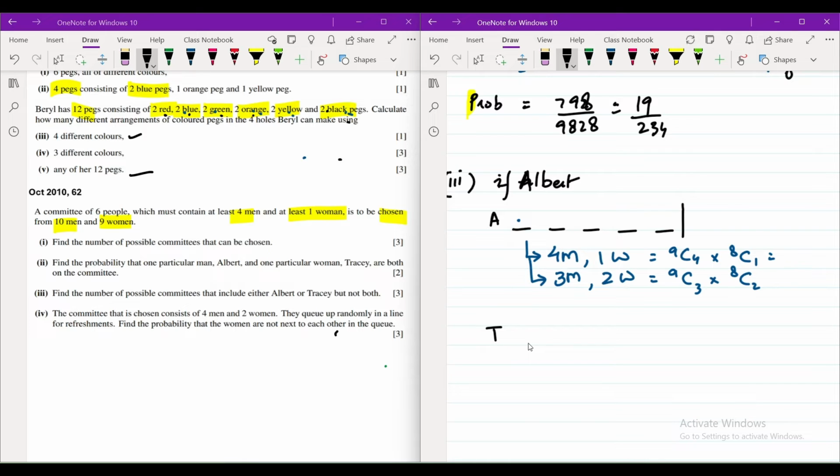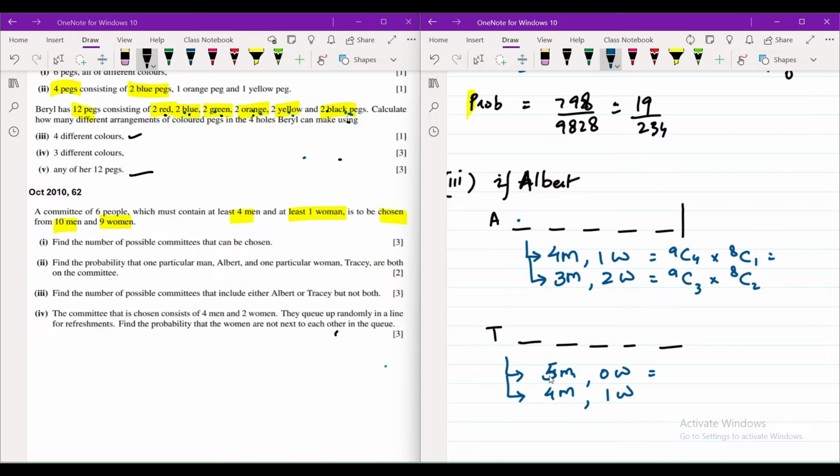So Tracy, that means if Tracy is selected, 1, 2, 3, 4, 5, we have a similar scenario. So one woman is already selected, so that means I need to select four men now. I can have five men, zero women, or I can have four men and one more woman to be selected.